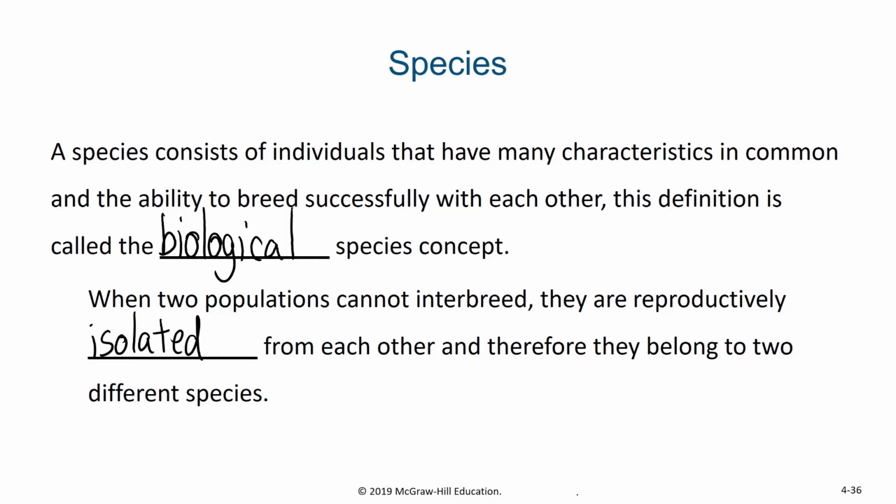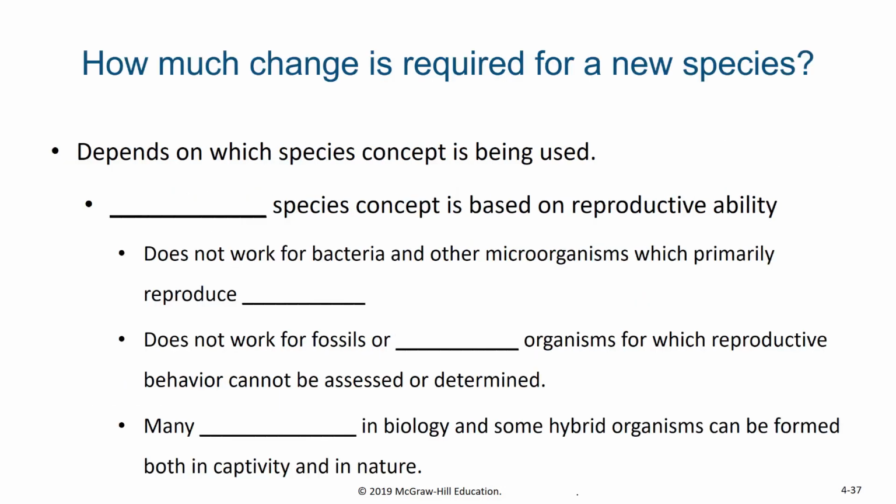Now, how do you know when there's been enough change for something to be called a new species? How much change is required for a new species to form? Well, it really all depends on which species concept is being used. The biological species concept, which we just talked about, is based on reproductive ability, but there are limitations to this definition. First off, it doesn't work for bacteria and other microorganisms, which primarily reproduce asexually.